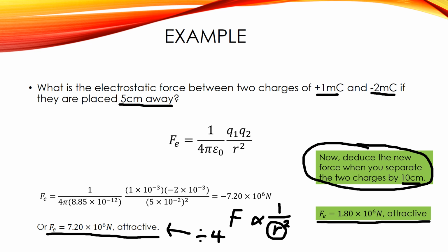Yeah, it's still attractive, but it is weaker because I doubled the distance. So if by any way I triple the distance, the force will be weaker by 9 times. If I separate them 10 times as far, then I will have a force 100 times weaker. So that's the idea of the inverse square law in Coulomb's law.